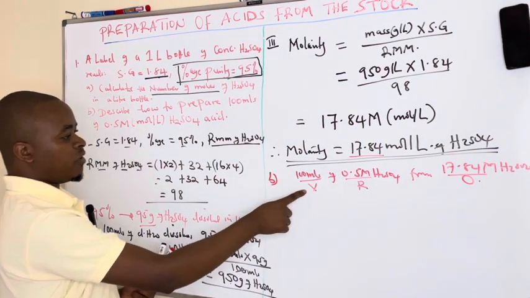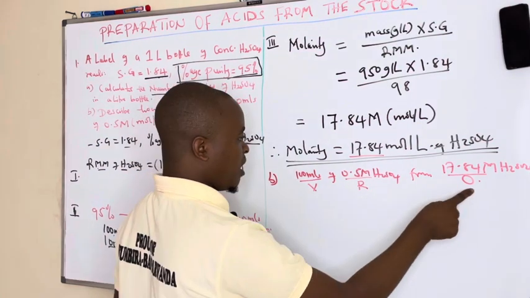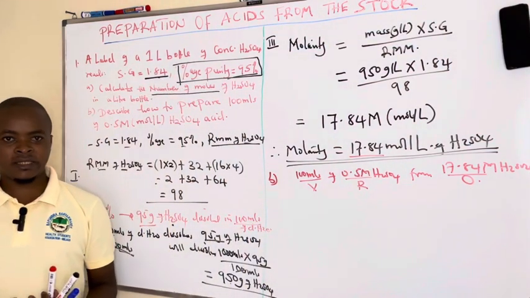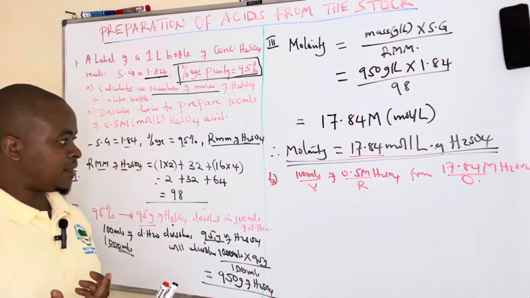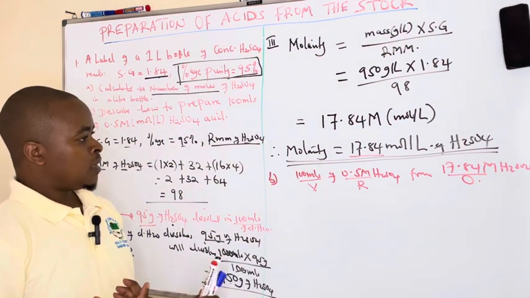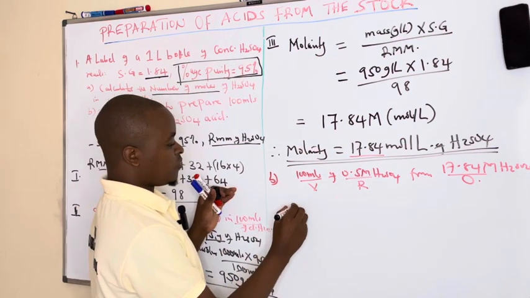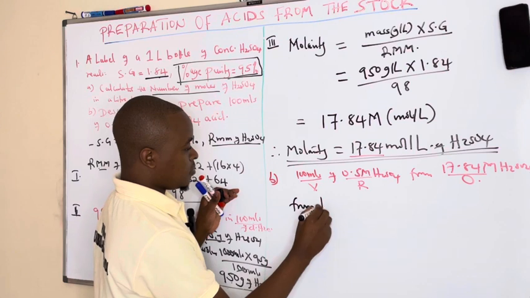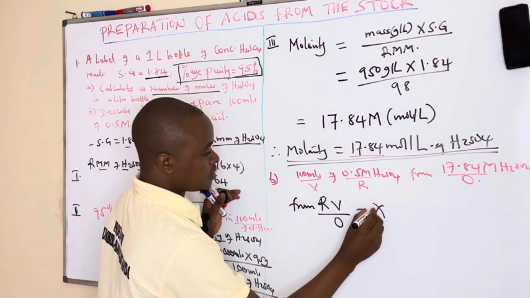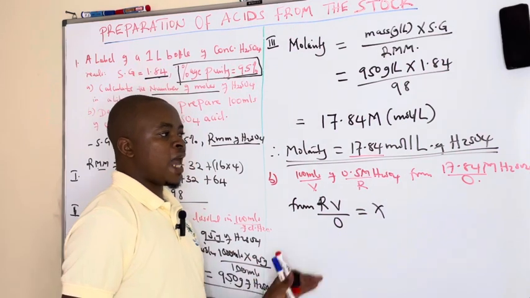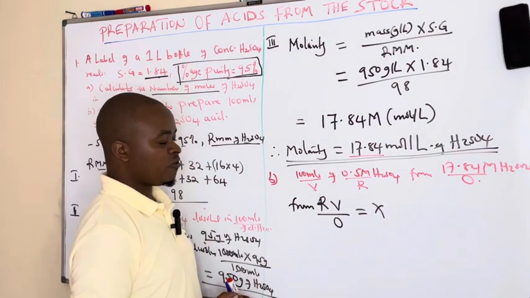So when we have the required volume, the required concentration, and the original, we can easily calculate. We use RV over O, equal to X, where X is the number of mils we shall pipette from the original to prepare 0.5 molar.